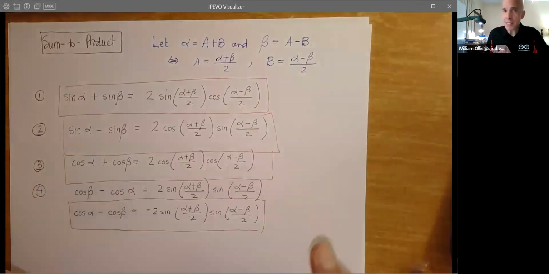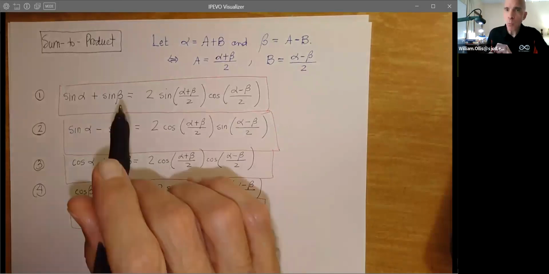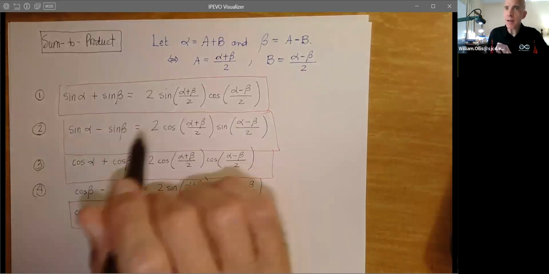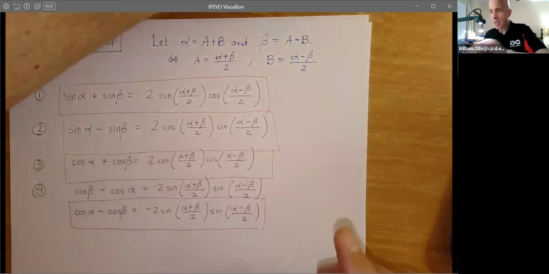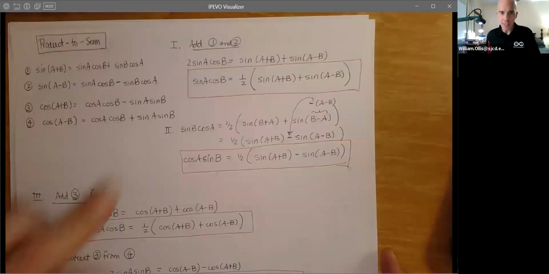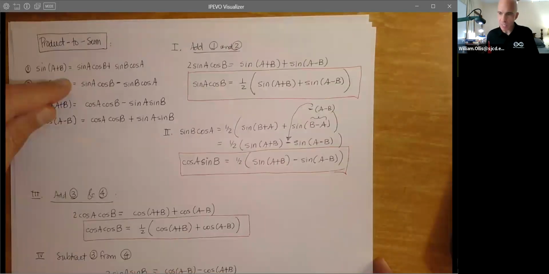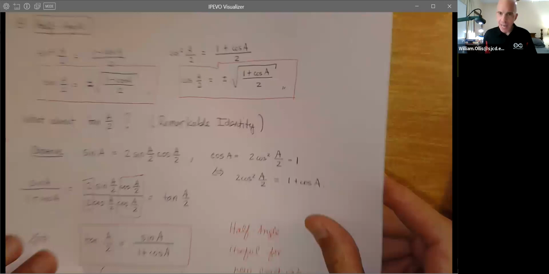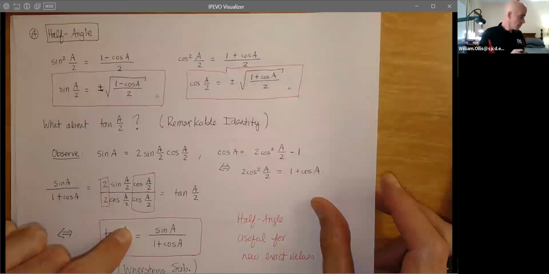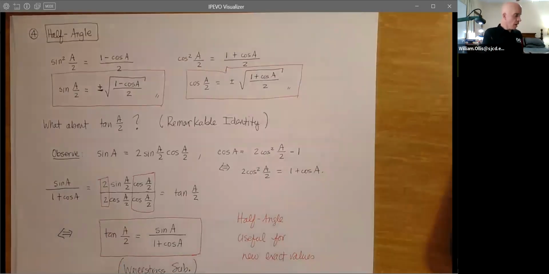So remember, identities are not necessarily ones that you use all the time. You won't find as much use for these. You'll find more use for these. Of course, this is important because it gives you this. We will find that we have some use for the half angle. We will find that we have some use for the power reducing.